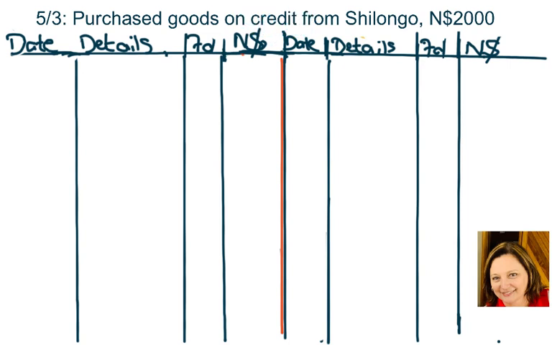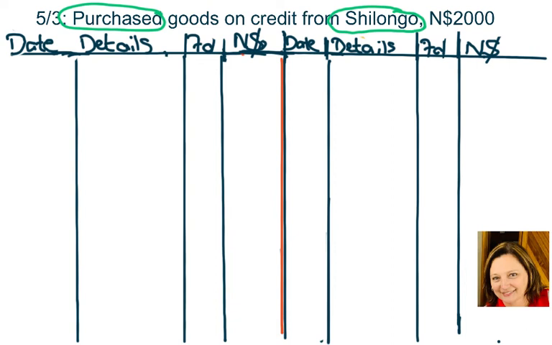So let's quickly identify our two accounts. I would say Shilongu, we bought from him on credit, so he will be called a supplier, accounts payable, or a creditor. My other side of the transaction or my other account will be purchases. All right, now let's go back to our word PILS and see where purchases will fit in.